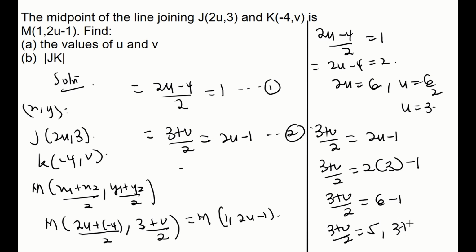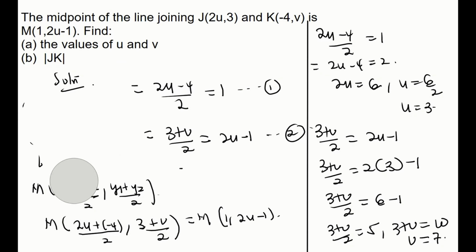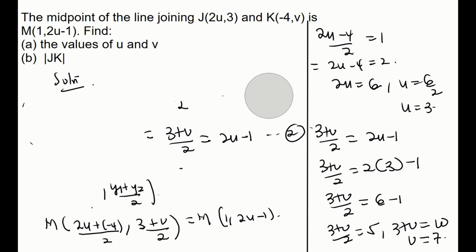And that gives 3 plus v is equal to 10. Our v should be equal to 7. So from the first question, we have identified the values of u and v.